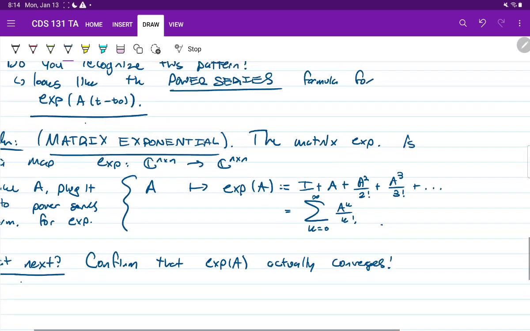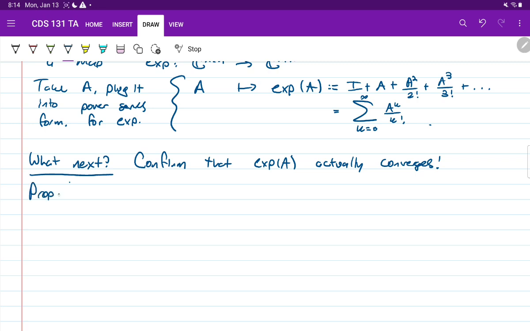Let me state this as a proposition. Proposition, convergence of the matrix exponential.